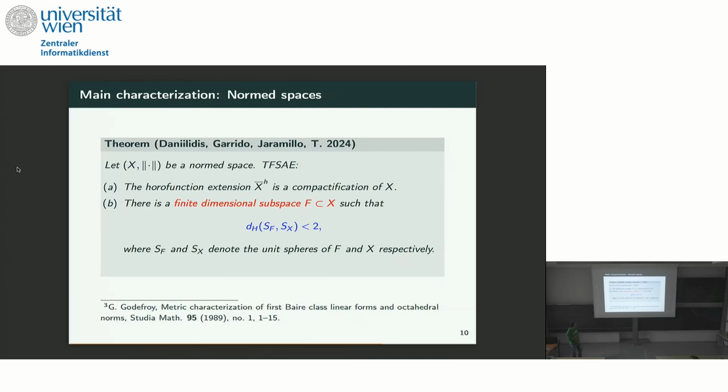We were quite happy with this characterization, and we started producing several examples of when this is happening. Till we realized that this already exists in the literature, in a paper that was already mentioned today. Actually, it's equivalent to say that X is not an octahedral space. And so, okay, we have the equivalence, and now we can provide examples really easily, and we can use the whole literature that exists on octahedral spaces.